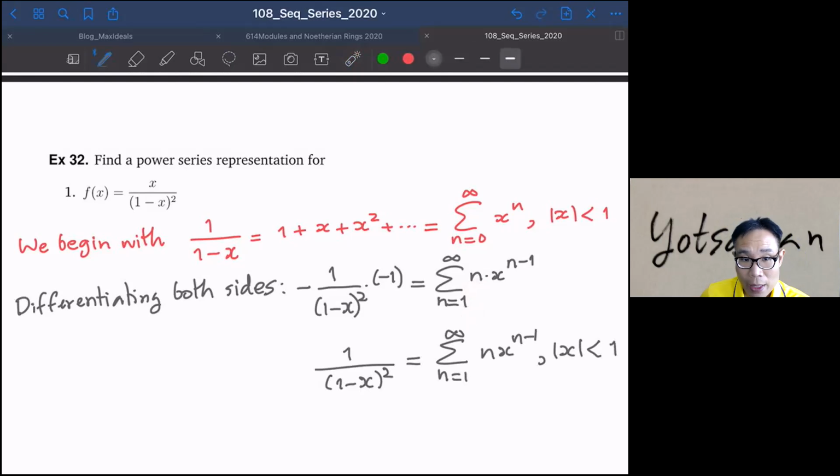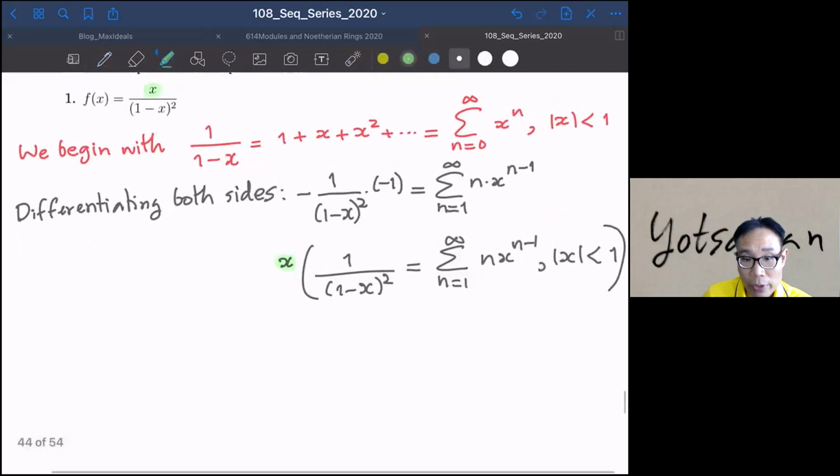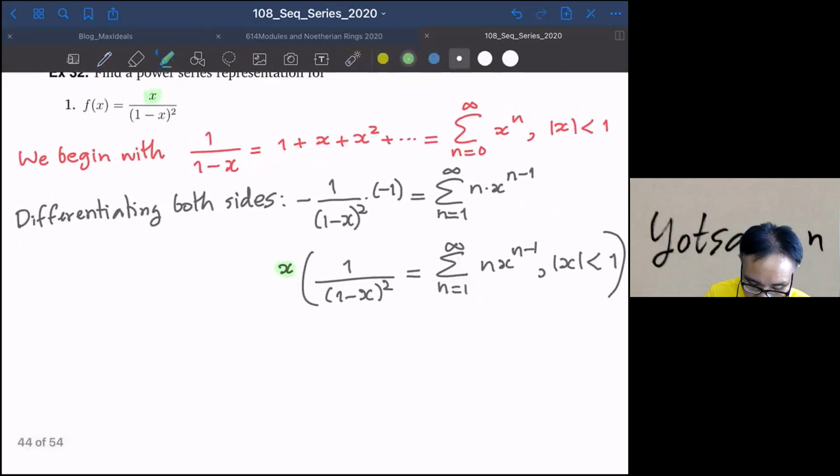Okay, and you'd like to have x on top, so you're going to multiply the whole thing by x, both sides. So when you multiply everything by x, you reach the final answer.